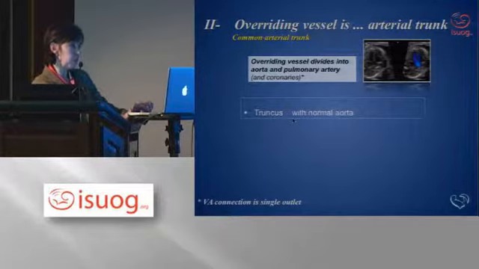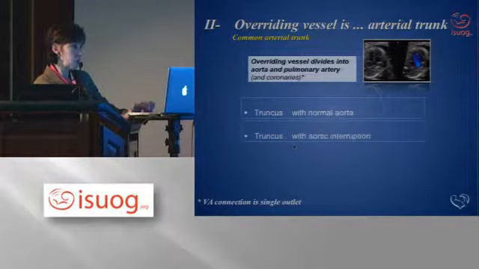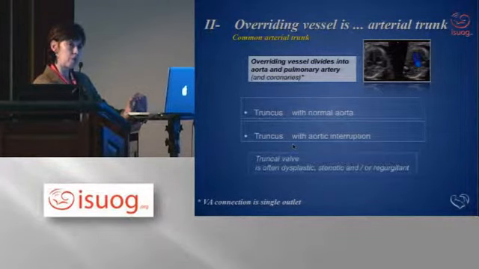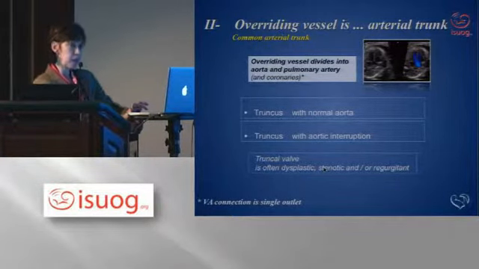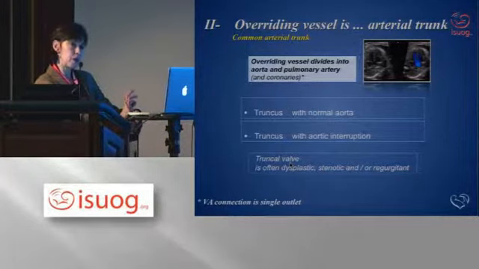Most often, if you have a trunk, you would have, after it bifurcates, a normal aorta. But there are cases where the aorta is rather small and you have an interrupted aortic arch, and these are very rare. More importantly is, in many cases, but not always, the so-called truncal valve. So here we're not talking about an aortic valve overriding, we have to say a valve that overrides. Let's see which vessel this is.